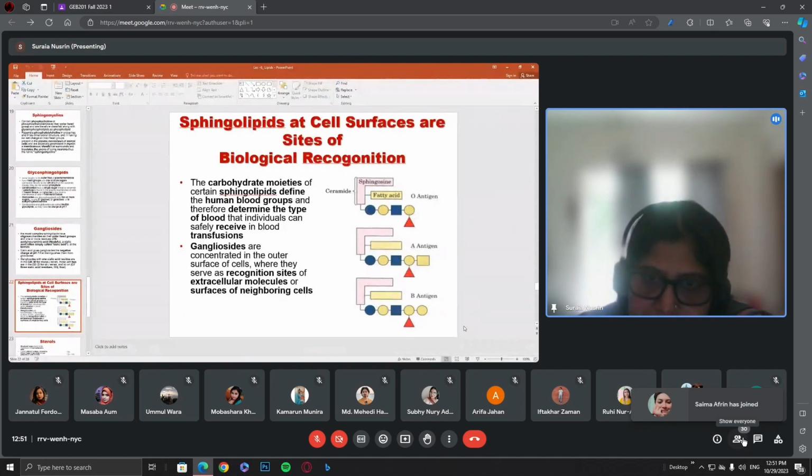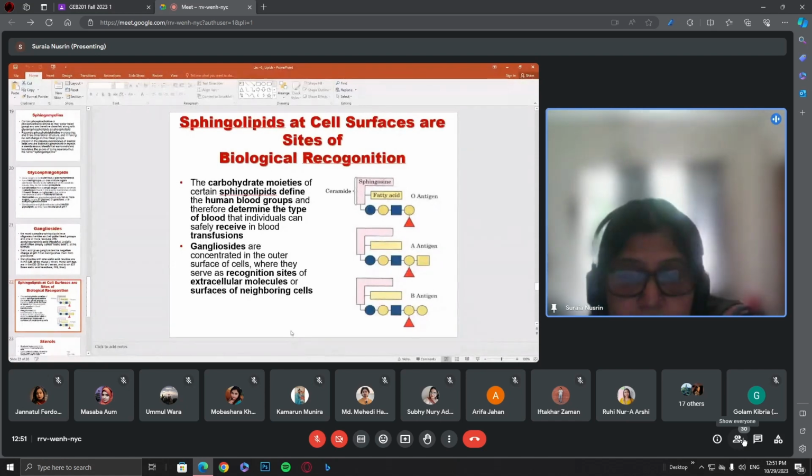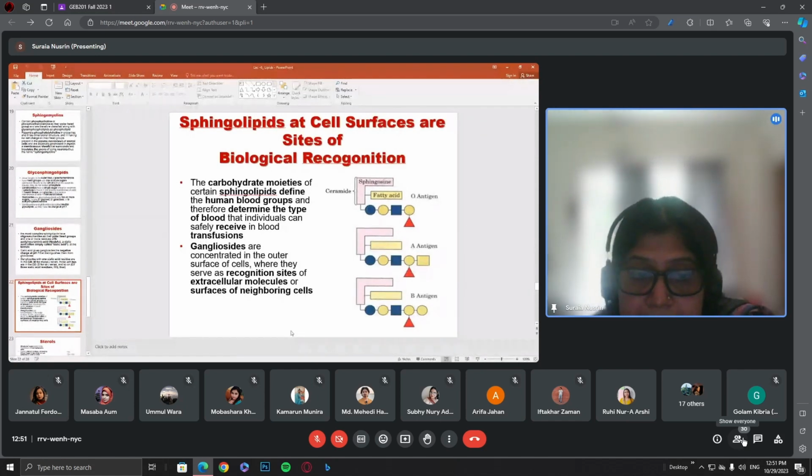So that is one of the major functions of this sphingolipid, specifically the ganglioside. Even the gangliosides function as recognition sites. That means these sugar moieties are recognized by other molecules. They can be extracellular molecules, or maybe they are involved in the interaction with neighboring cells.